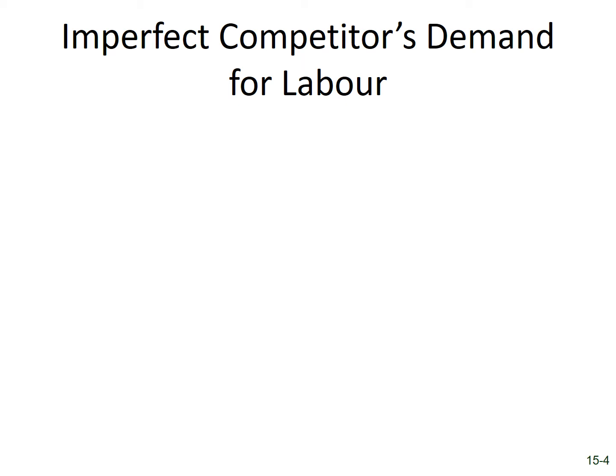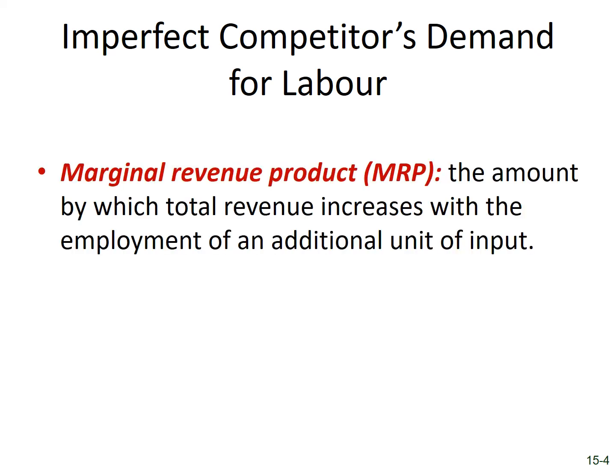So we're going to define a concept which is similar to the one that we just saw, but slightly different, which is the marginal revenue product, the MRP, which is the amount by which total revenue increases with the employment of an additional unit of labor. So MRP of L is equal this time to marginal revenue times the marginal product of labor. So here it's not price times the marginal product of labor, it's marginal revenue times the marginal product of labor.